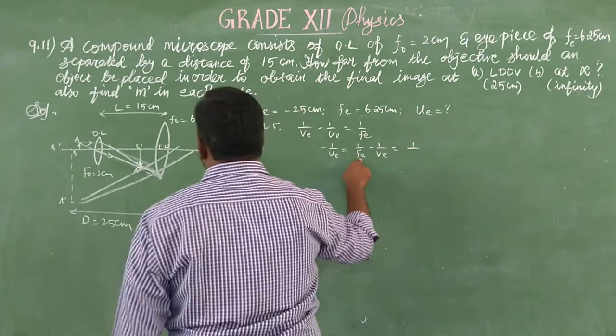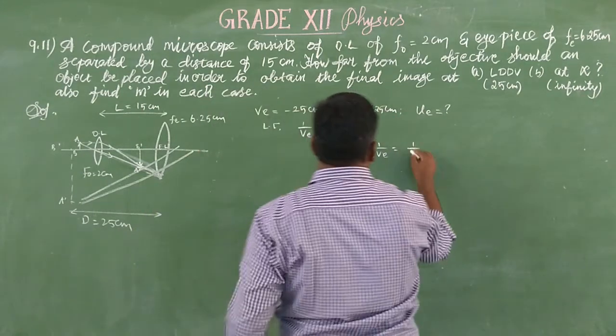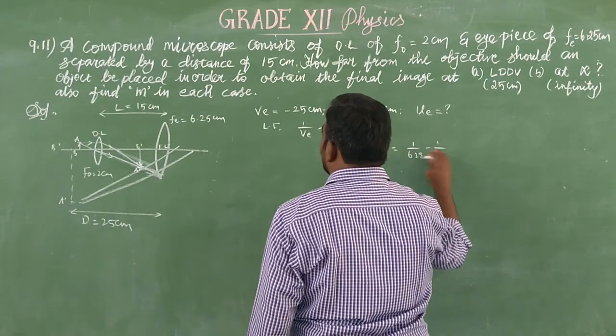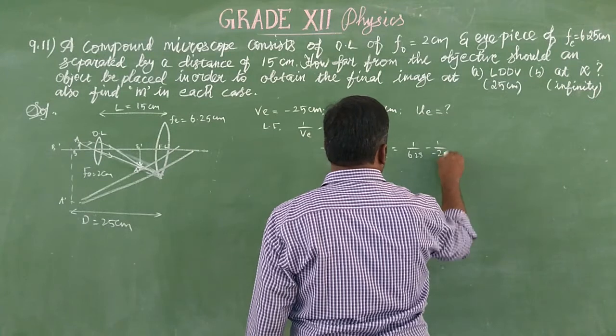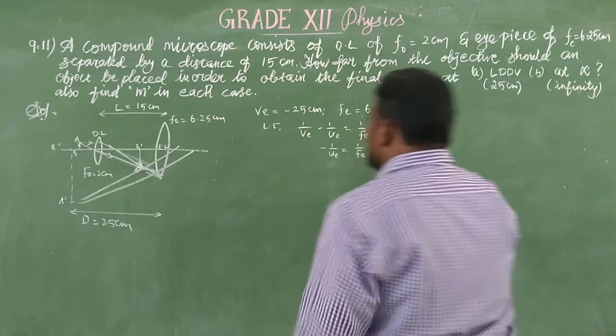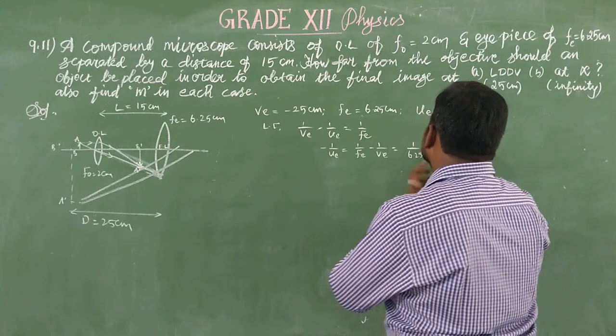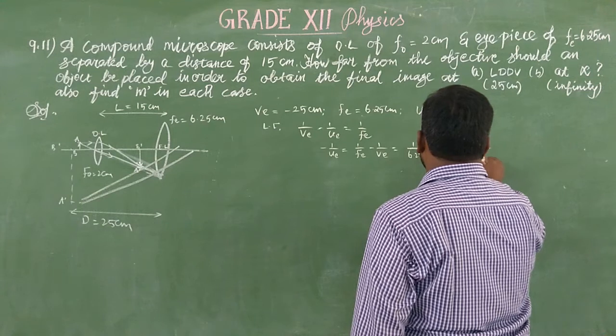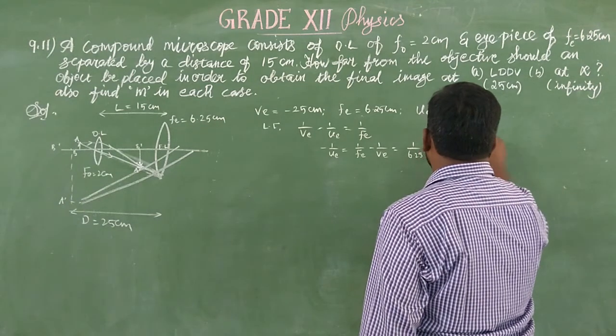The focal length of the eye lens is 6.25, minus 1 by VE, which is minus 25 cm. So minus into minus becomes plus. Taking the LCM of these two, the denominator is 25. Here it's 4 times, here it's 1 times.